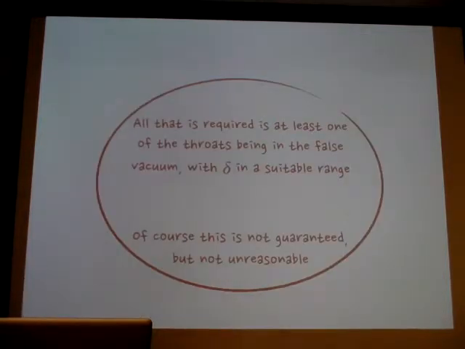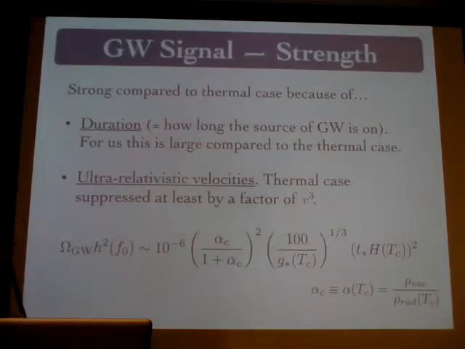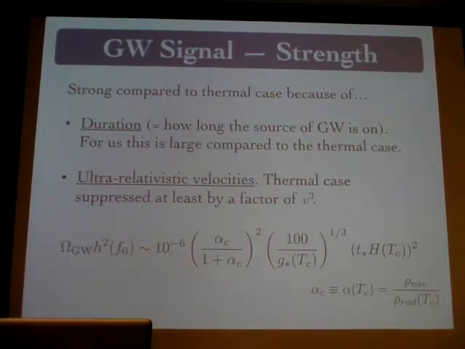And all this requires actually is that there is at least one of these throats, of these very many that we expect to have, finding itself in this false vacuum with a value of delta in a suitable range, say. And of course, this is not something that is guaranteed, but maybe in a statistical sense, that doesn't seem unreasonable, right? And so that was about the frequency of the signal.